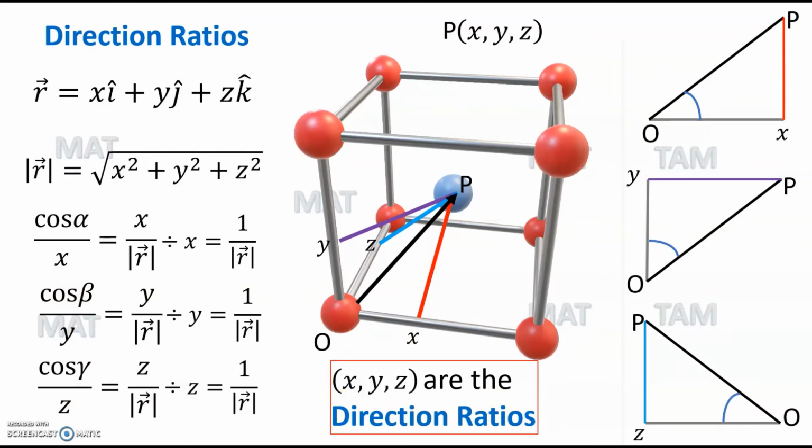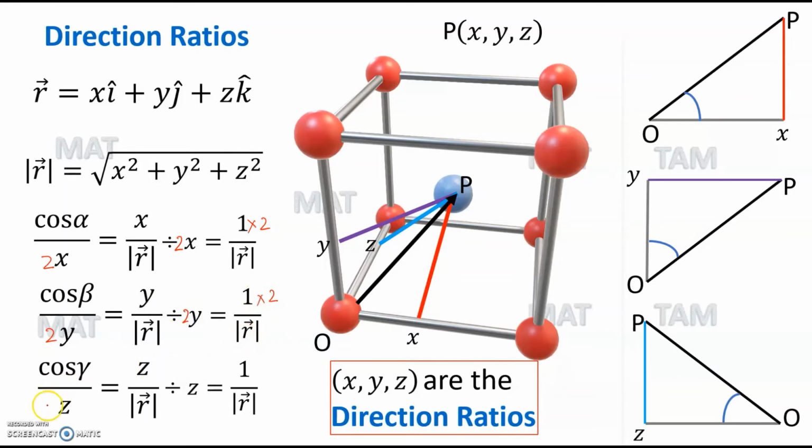Now, direction ratios need not be unique. If I replace the x with 2x, then what I would get is, dividing this by 2x, your answer would be 2 by magnitude of r. Similarly, if I divide cos beta by 2y, my answer would be 2 by magnitude of r.